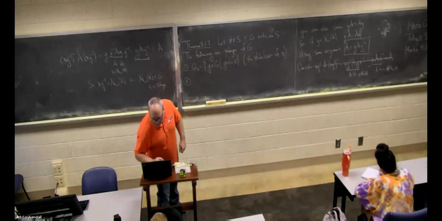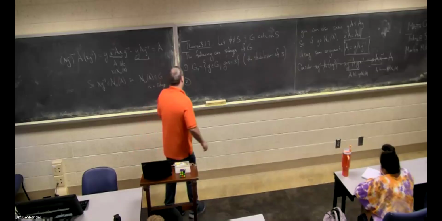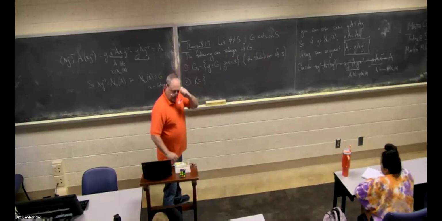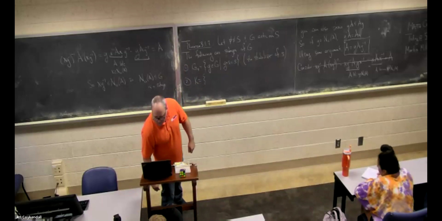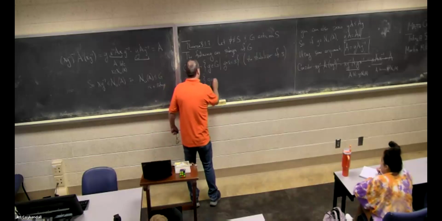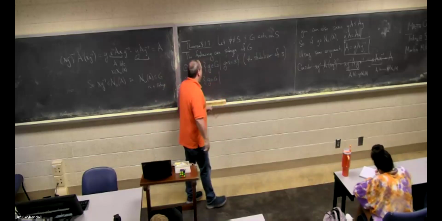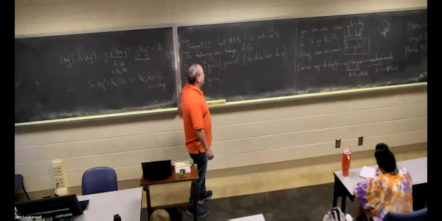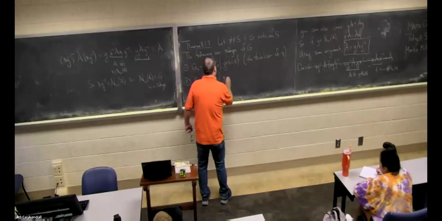Two, K, which is the set of g in G such that g leaves everything alone. G sub S is just the stuff that leaves S alone. Now we'll look at the stuff that leaves everything alone.